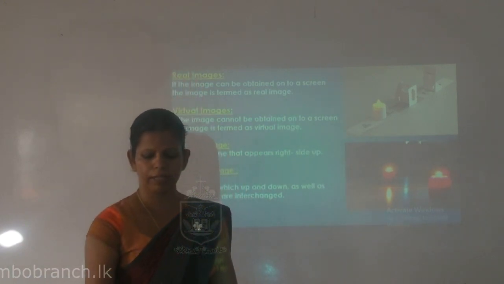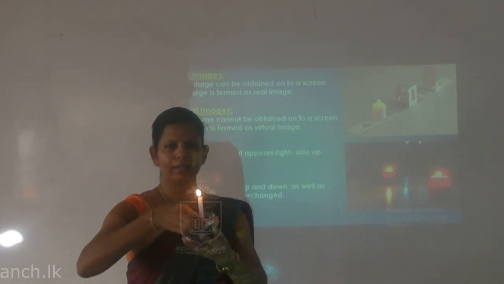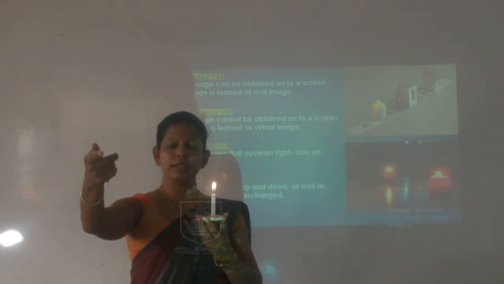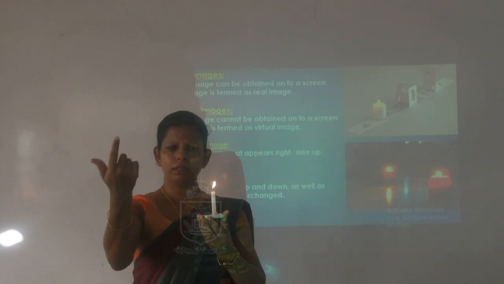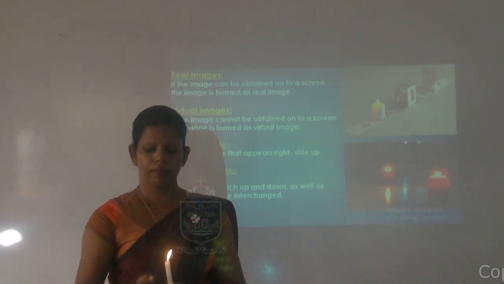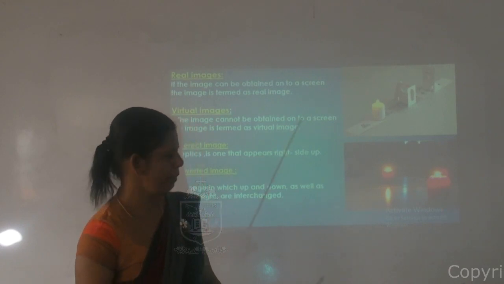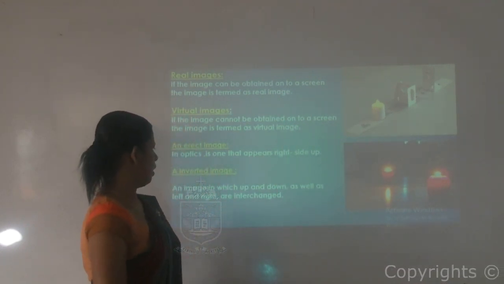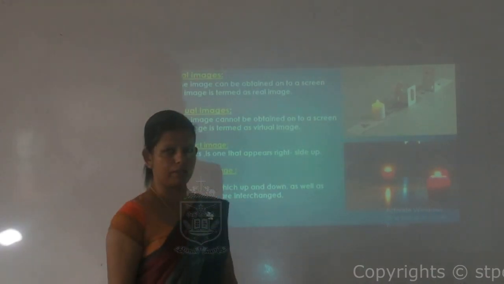Just think, if I am taking the lighted candle and keeping the mirror in front of me, through this mirror I can see the correct side. That image we can name as an erect image.